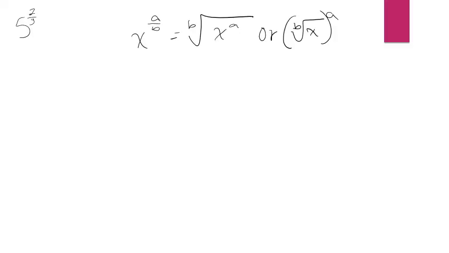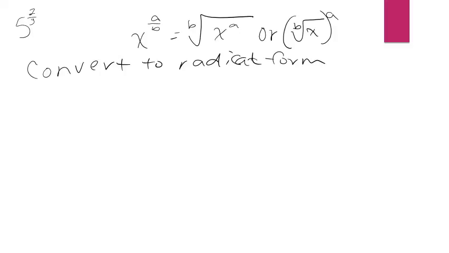So when we look at this specific number and we want to convert to radical form, we're going to put our 5 inside, and our denominator, the 3, is our b, and this is our a, right?